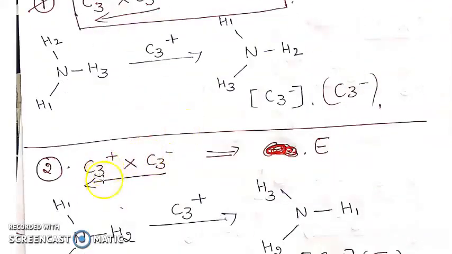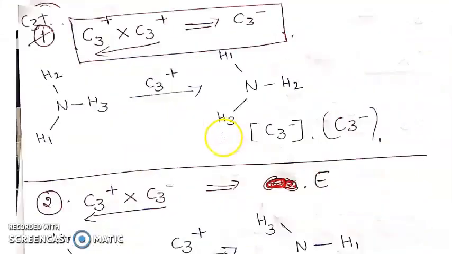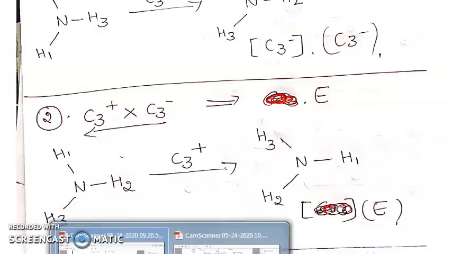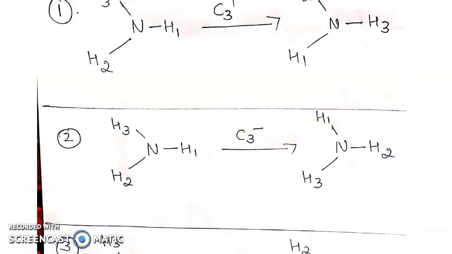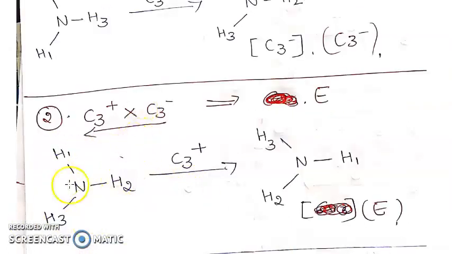The next one is C3 plus into C3 minus. First, C3 minus means this molecule, as I told at the start. For this molecule, you have to do the C3 plus operation, a rotation by 120 degrees.